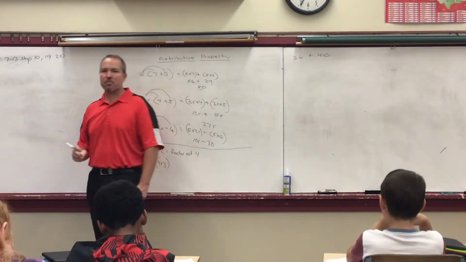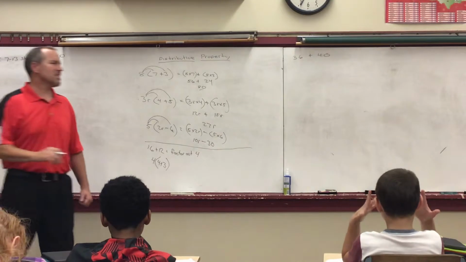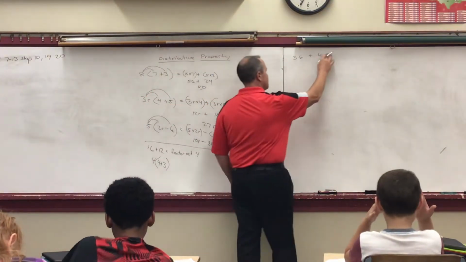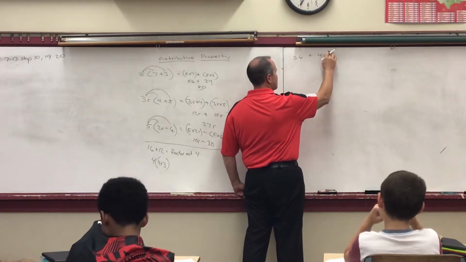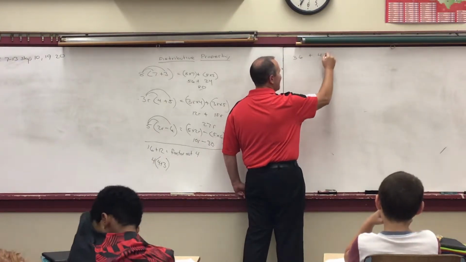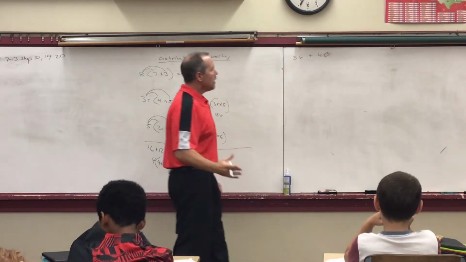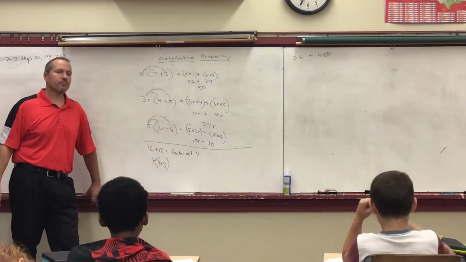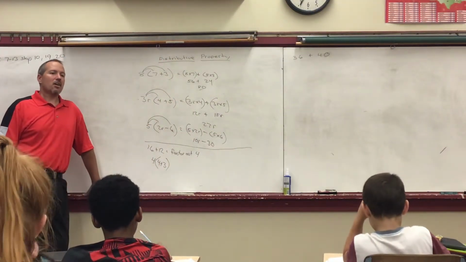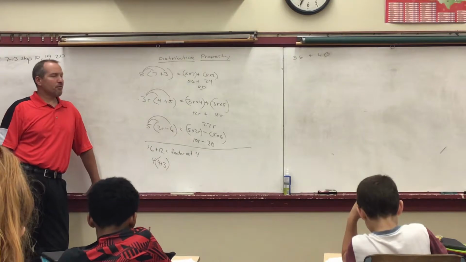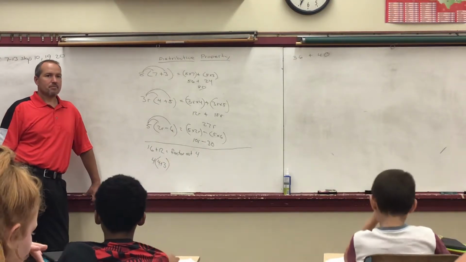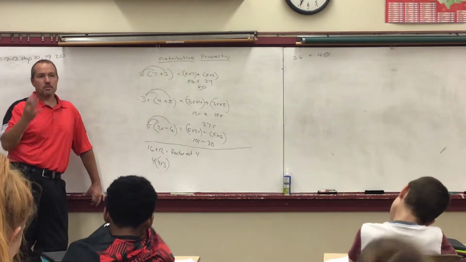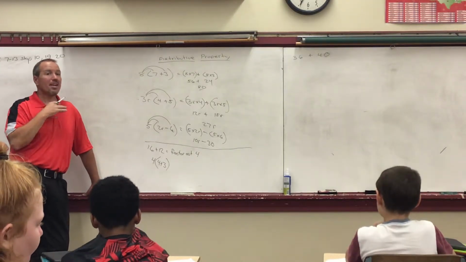Let's say we have 36 plus 40. Actually, let's go 36 plus 45. Nah, I'm sorry. Changing my mind too many times. Let's keep it at 40. Now, what can we divide 36 and 40 both by? Owen? 2.